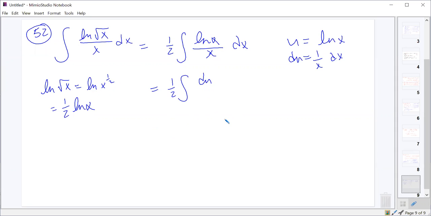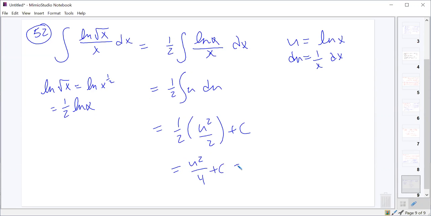That's just integral of u du. That natural log is in the numerator. It becomes 1/2 of u squared over 2 plus the constant. Plus c, or natural log of x squared over 4 plus c, which is choice E. Any questions there on 52?